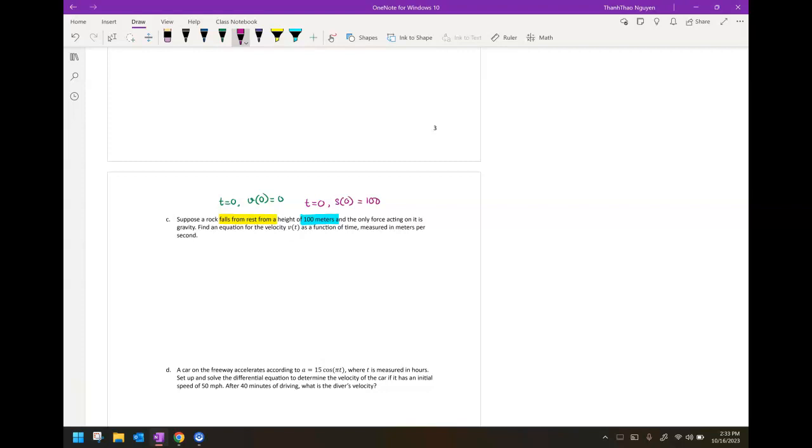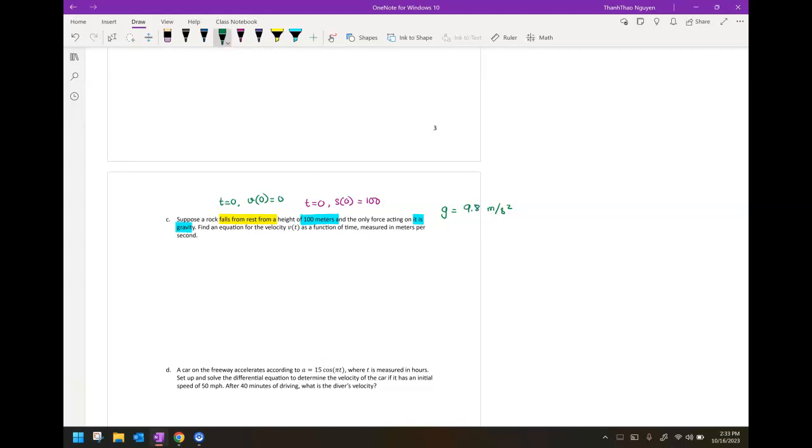The only force acting on it is gravity. Gravity, G, is equal to negative 9.8 meters per second squared.